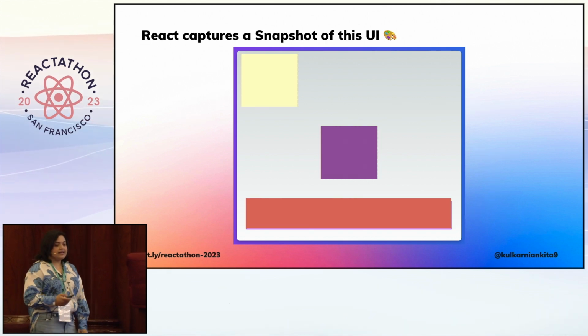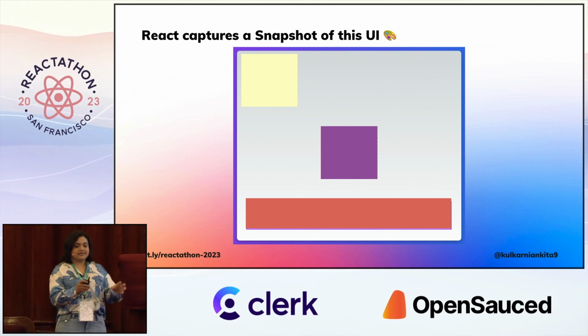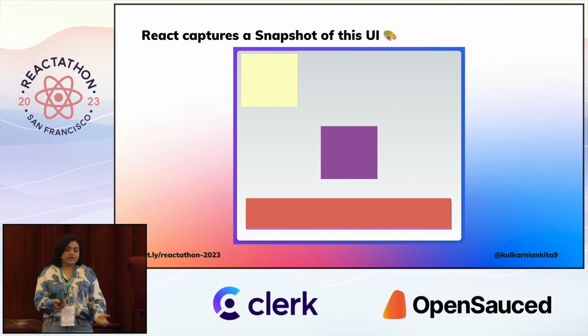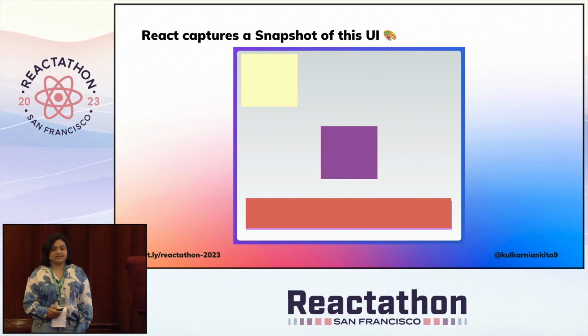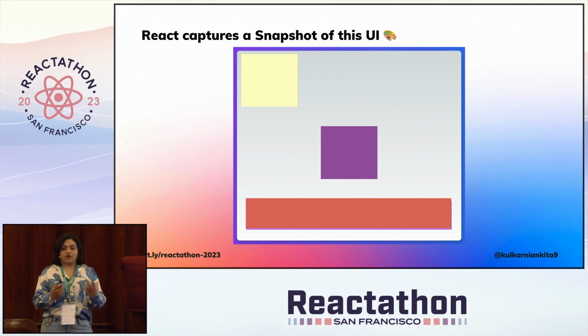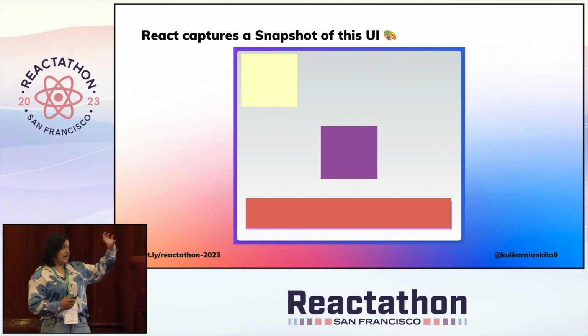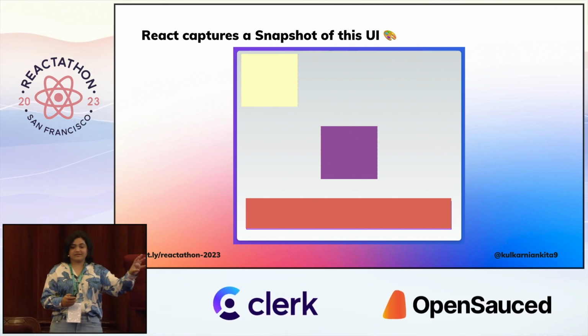So when React captures a snapshot of this specific UI, this is how it looks. Think of it like a photographer taking a photo of your component DOM. It has a logo, footer, and it tries to capture in memory, this is what it looks like.